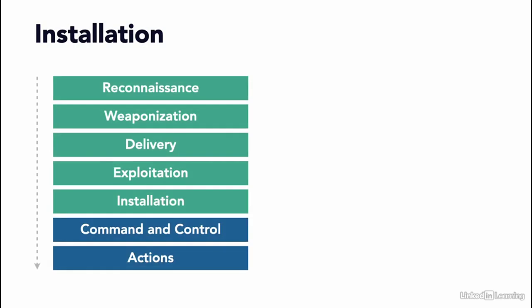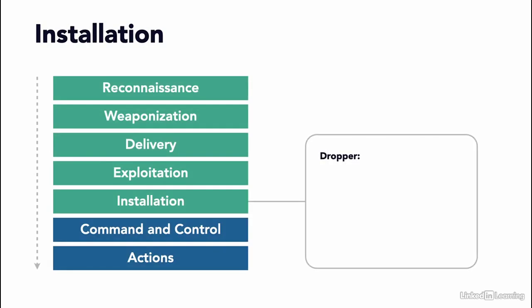As soon as the vulnerability is exploited, the payload is dropped onto the target's system. This could be into memory or onto disk. It may also involve installing some form of mechanism to make sure the payload resumes execution after the system is rebooted, a process called persistence. A typical way of doing this on Windows is to add a registry entry to automatically run the payload when the system starts up.